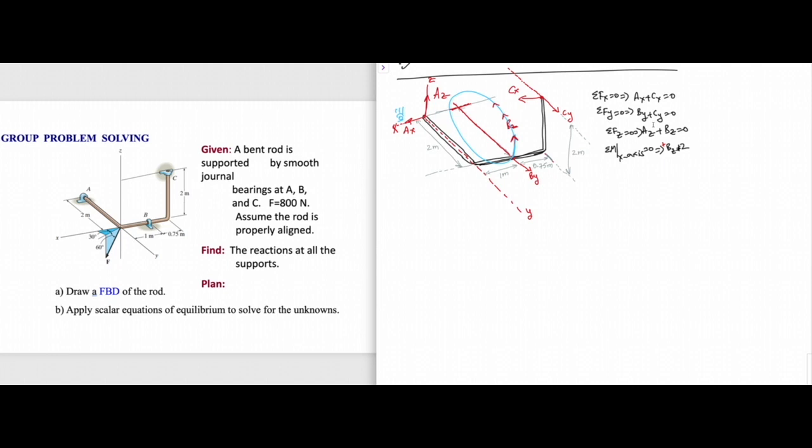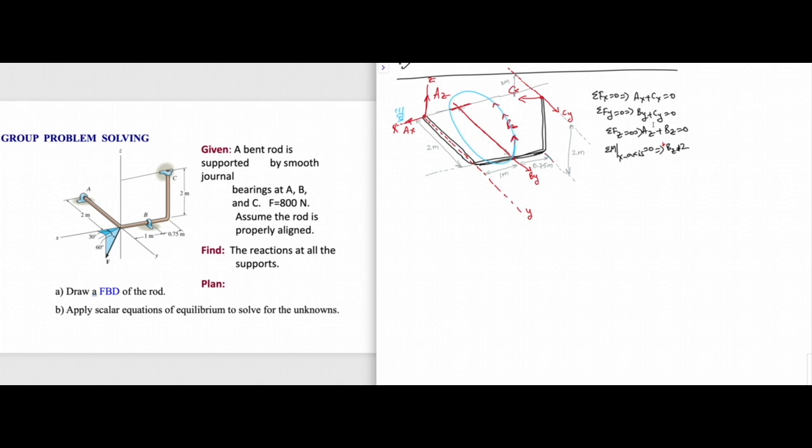If that is the line of action of CY, then from the x-axis it is at a distance. So it is 2 meters above the x-axis.